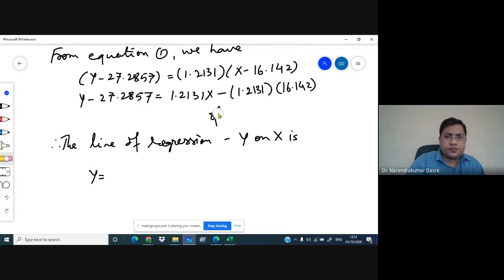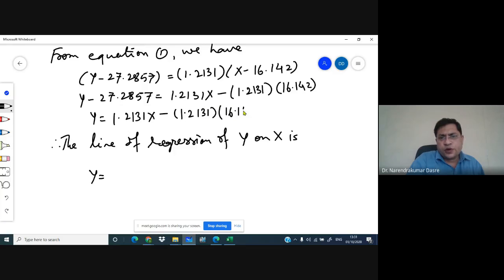So this will be y is equal to 1.2131x and then this coefficient minus 1.2131 into 16.142 plus 27.2857.